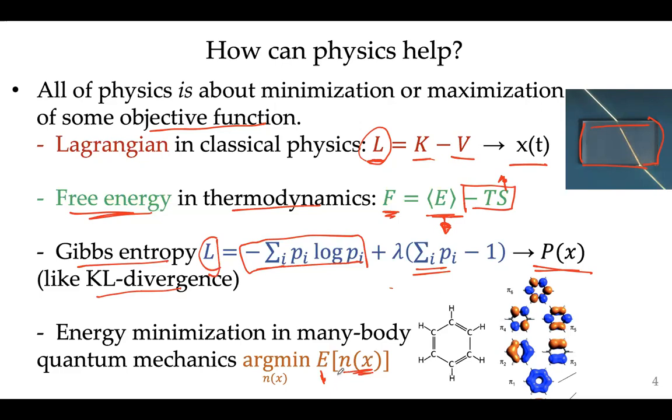Whichever distribution minimizes the energy gives you the electron distribution on the molecule. And we know that the minimization of a loss function or objective function is also central in machine learning. That's why I mentioned this. So this is one common ground between physics and machine learning.